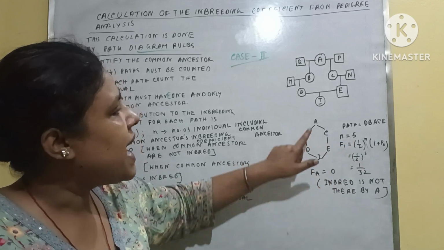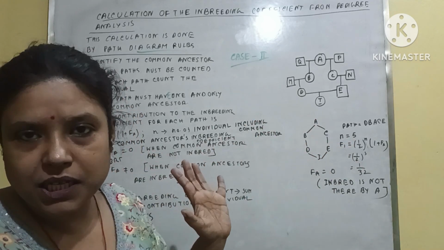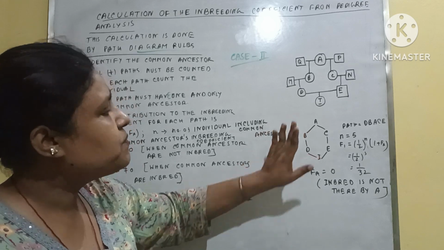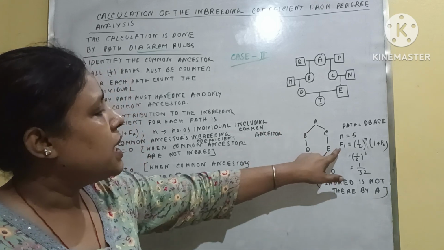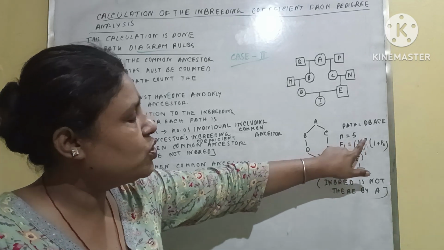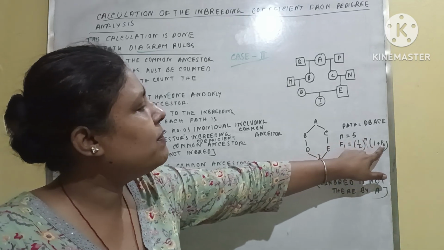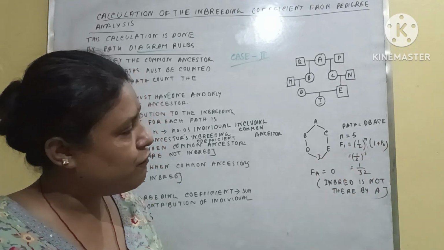A is not interbred, so here the FA value is 0. The F1 value is half to the power n, and 1 plus FA. So FA is 0, that means half to the power 5.